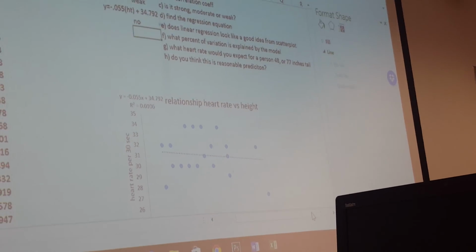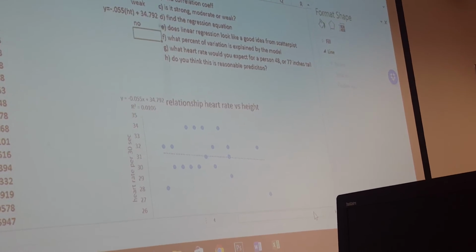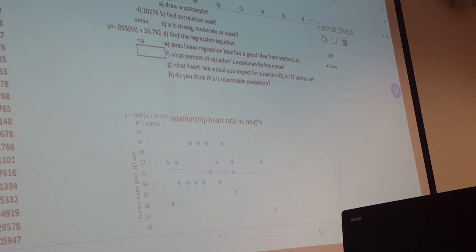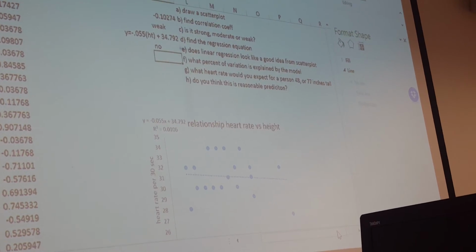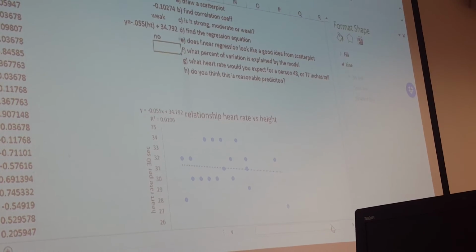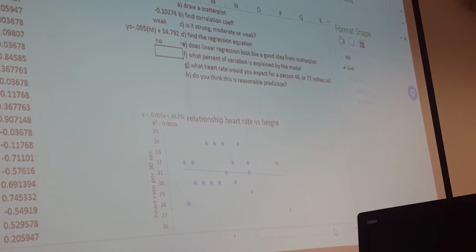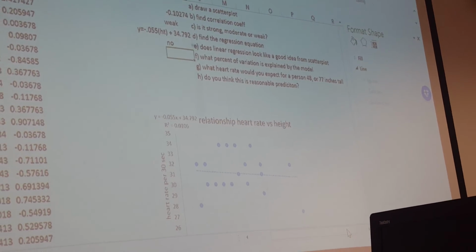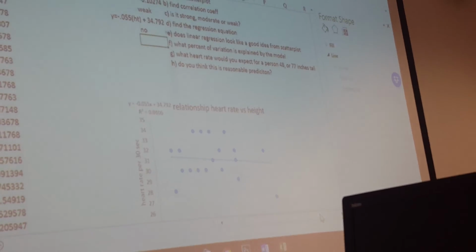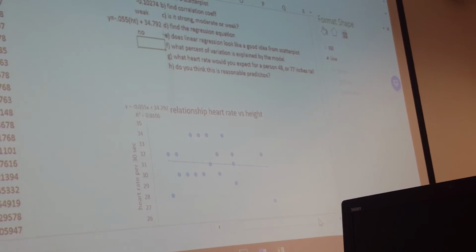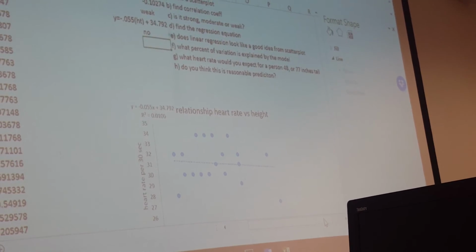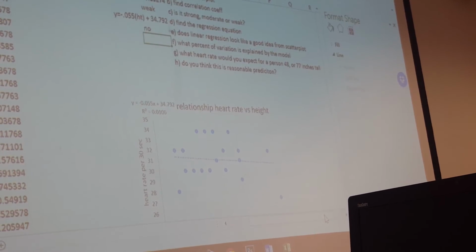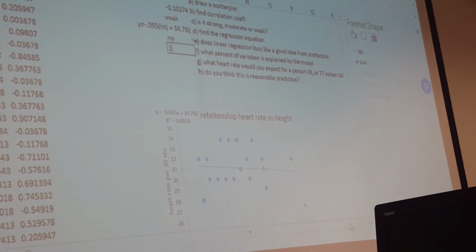What percent of variation is explained by this model? So 1%, how did you get 1%?